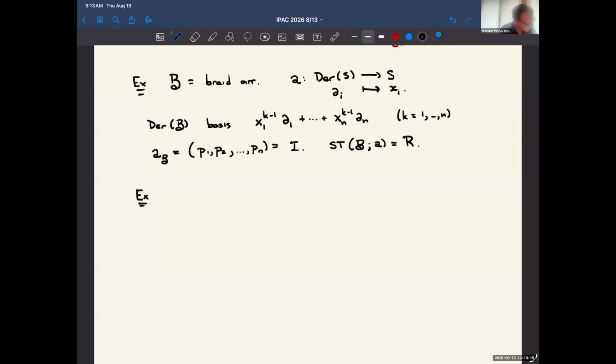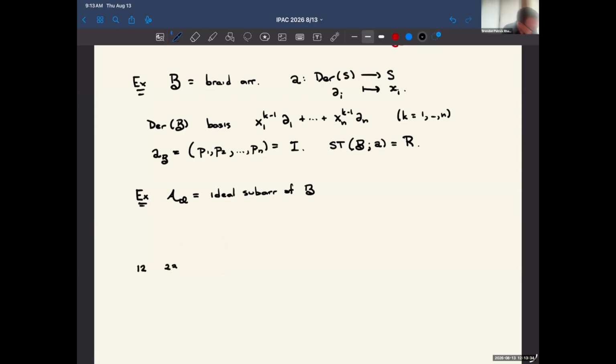So I'm going to let A be an ideal subarrangement of the braid arrangement. So what do these things look like?